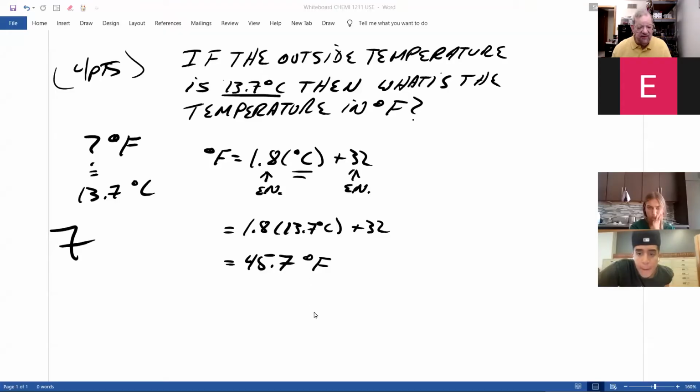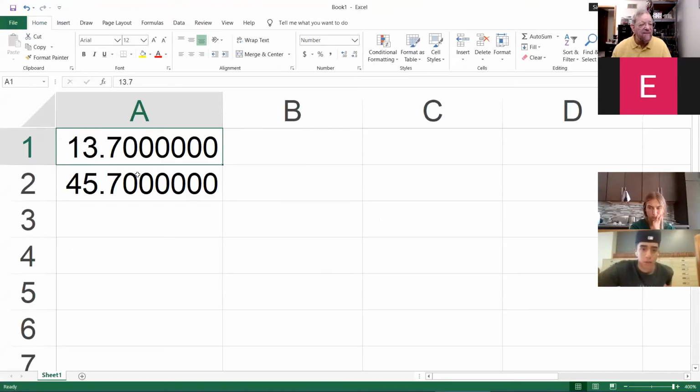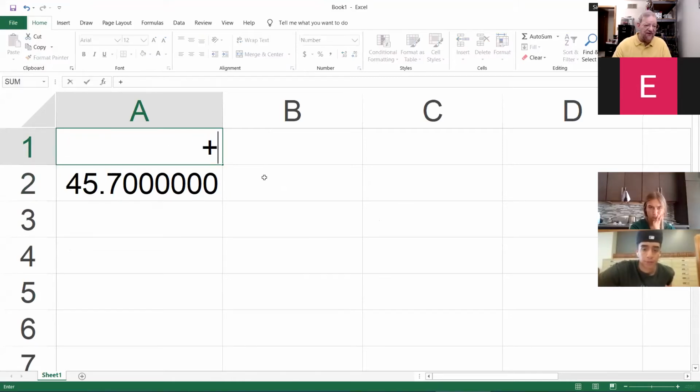All right, somebody says I got something wrong, which I might have. Let's go back and look at this. 13.7. Let me go back to my spreadsheet. Ah, I see where I made a mistake too. Bad Dr. White. Forgot to multiply 13.7 times 1.8.